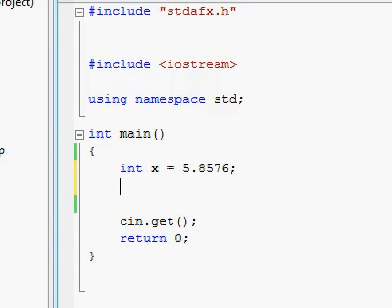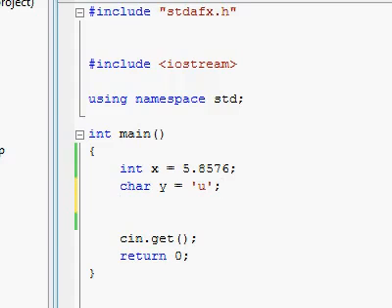But here's where you can really run into some trouble: if you have an integer x and a character y, let's say, which has the letter u in it, for example. Now let's try to do this: x equals y. Let's try to take what's in y and give it to x, and throw away whatever was in x previously.